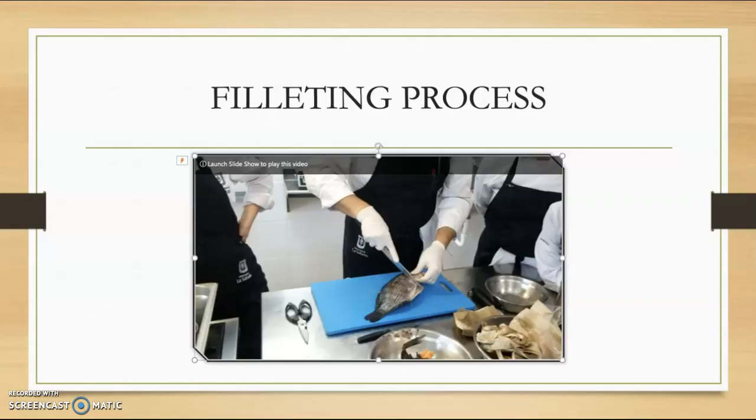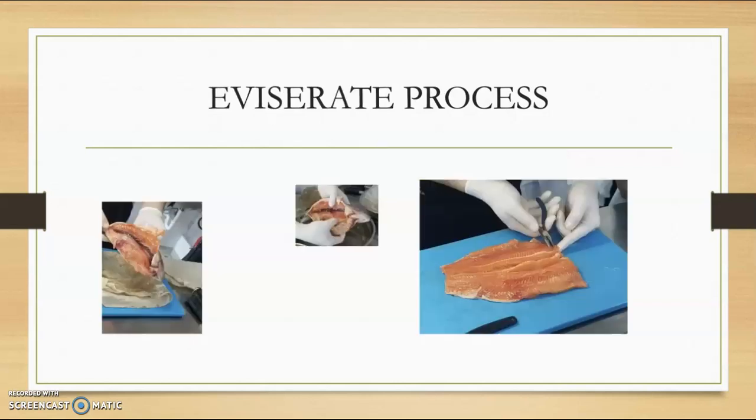Well, basically, there we have all the filleting process that the chef Manuel de la Roche gave us in the class. So, the next step that we are going to talk about is the evisceration process. In the evisceration process, we have to remove all the organs that are in the cavity, and we only do this in very fresh freshwater fishes.